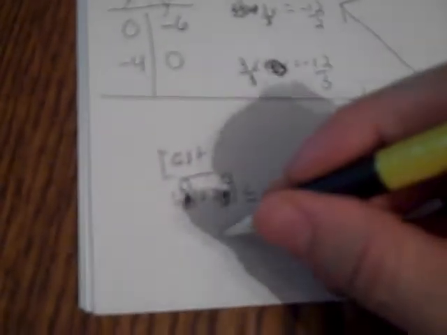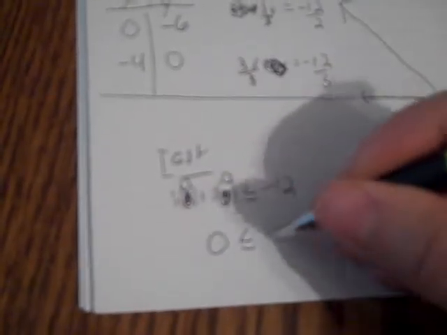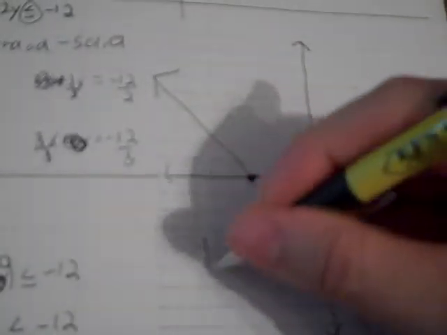So what's anything times 0? 0. What's anything times 0? 0. So 0 plus 0, 0. You should be able to do that in your head. So 0, the sign, and -12. Now 0 is the larger value, and the sign is not opening up towards the 0, so that makes that a false statement. So this point is false, and the other side of our line is true.